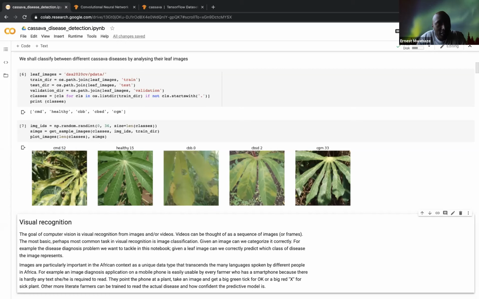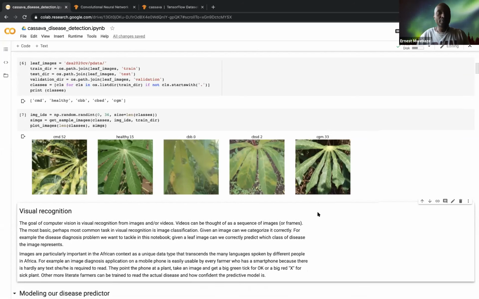You can see for the first image, CMD, the disease is represented slightly differently. You can see what a healthy plant looks like, and what a plant with CBB, bacterial blight, looks like, what CBSD looks like, and then what a green mite looks like. And so you can see the diseased leaves look quite similar. The diseases look quite similar in some way. And so we expect that building a simple classifier would generally be a hard problem to do.